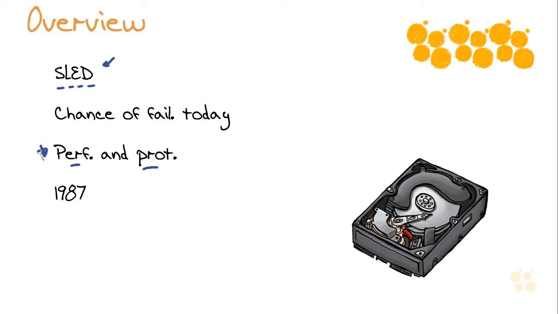So with RAID, which was originally outlined in a paper in 1987, what you're really trying to do is address both performance and protection. That is ideal. As we're going to see in other nuggets where we dig deeper, we have RAID levels.